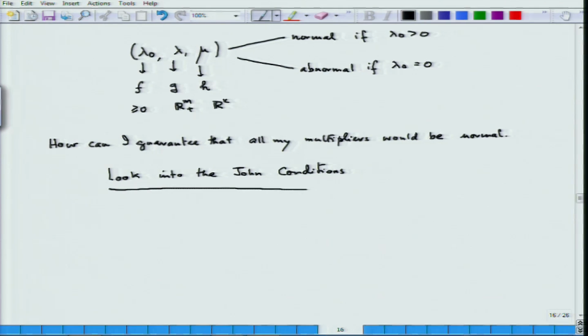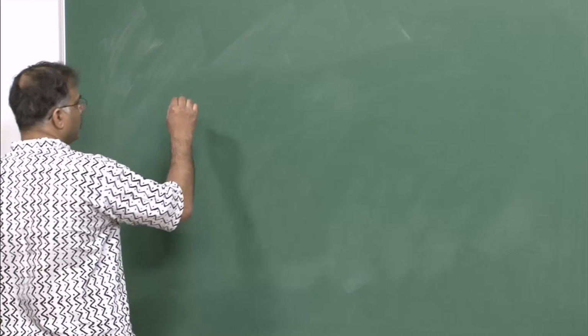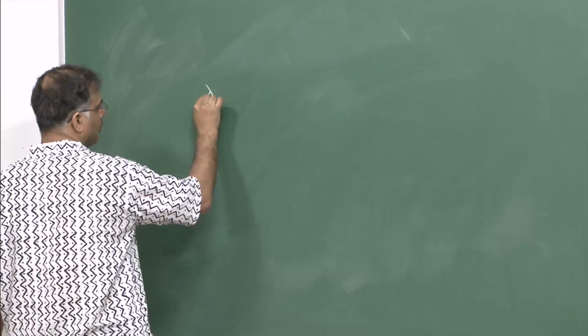So, it would be good if I shift to the blackboard to explain this fact. This is my John condition, the first line of the John condition.